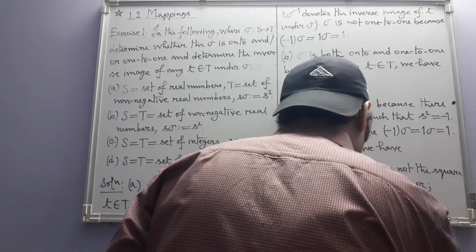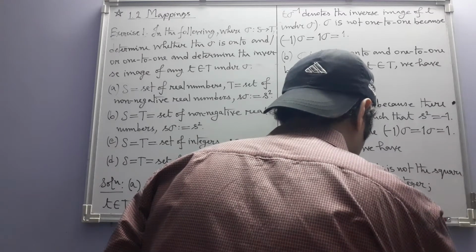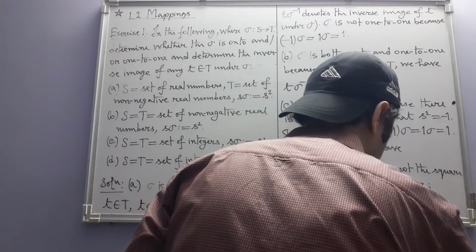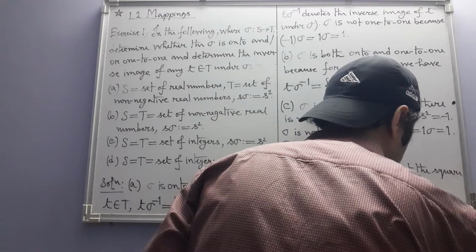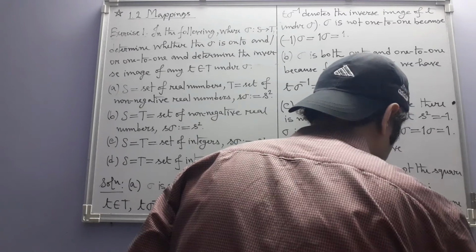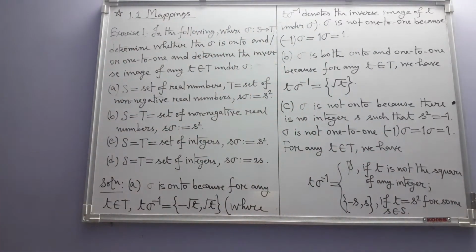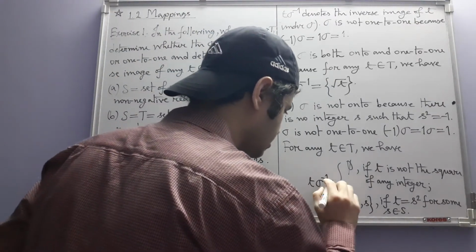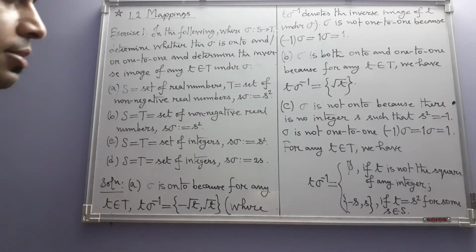So that means if t is equal to s square for some s belonging to S. So this is the inverse image. Its description is slightly complicated, but it is what it is.